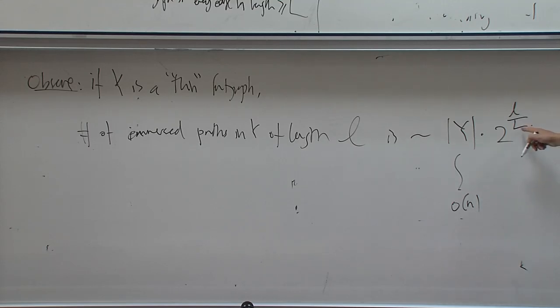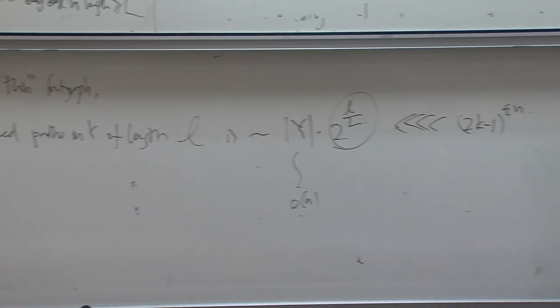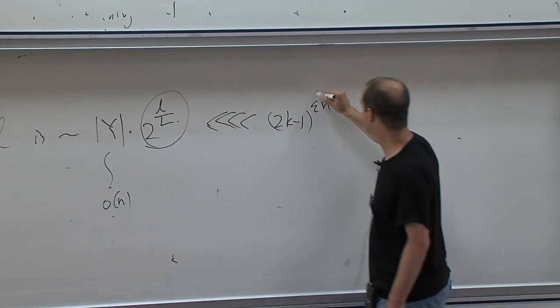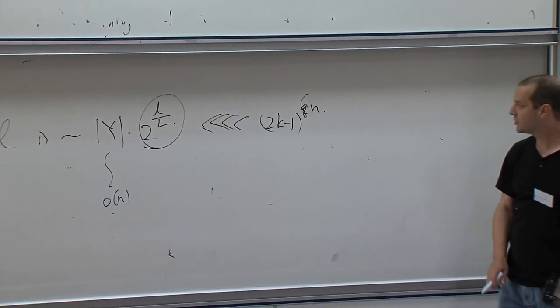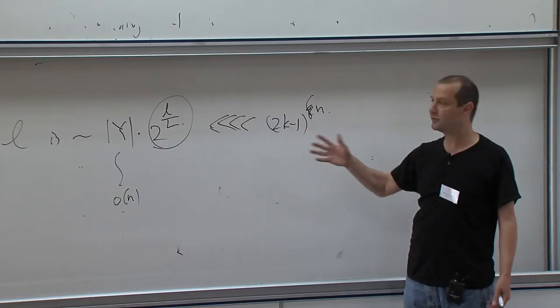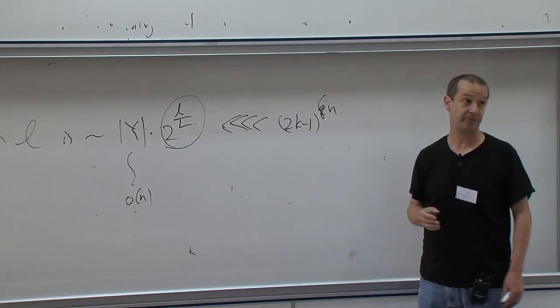The point is, if L is really, really big, this is much, much smaller than 2k minus 1 to the, I don't know, epsilon n. Well, epsilon is a different epsilon. Epsilon is delta.